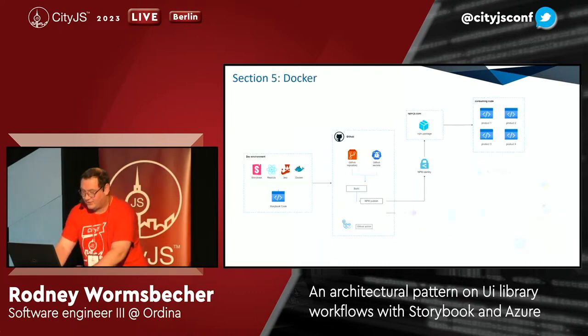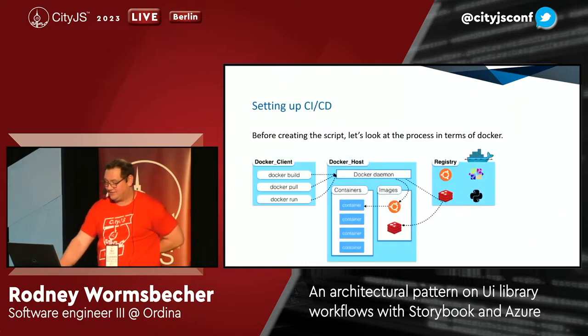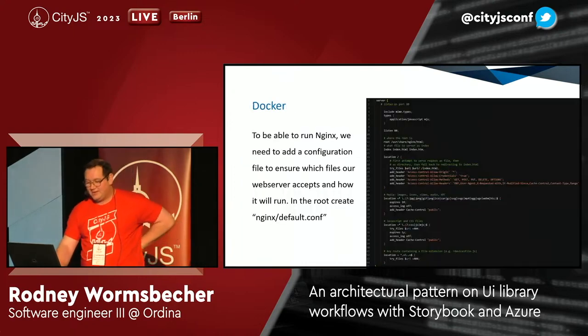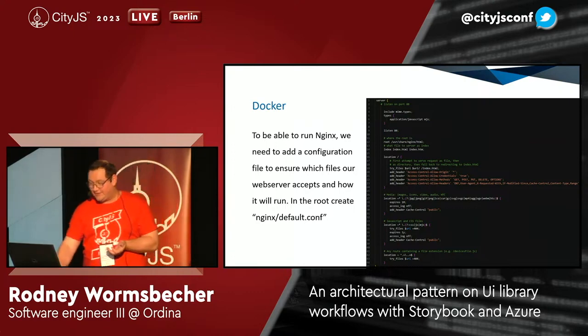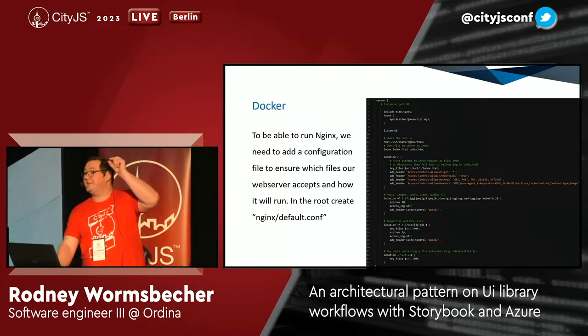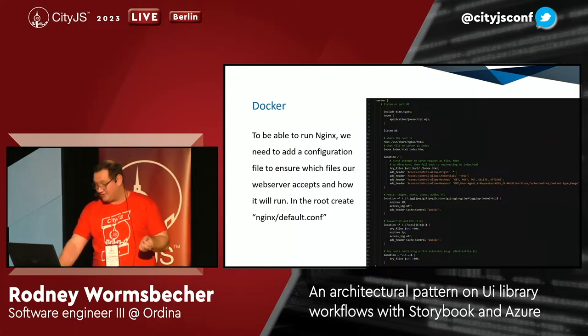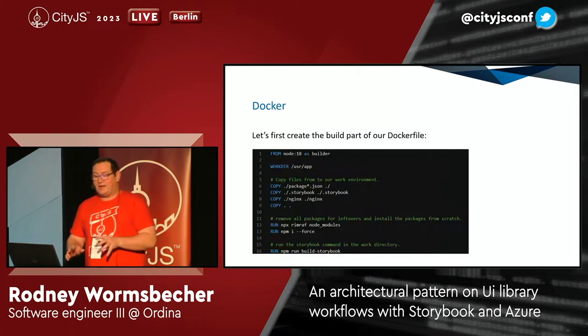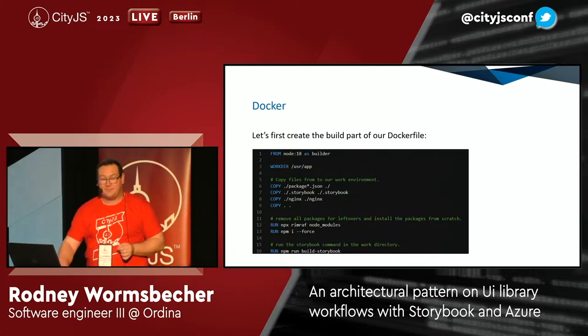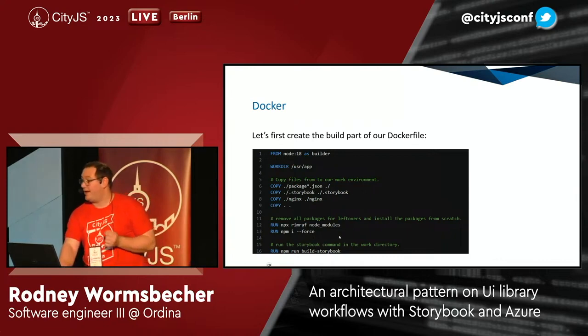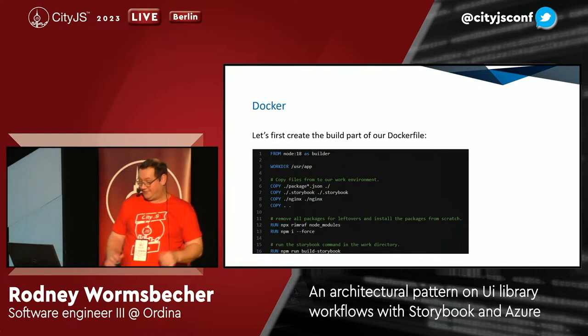So to set up Docker, we actually need to do a few things. This is how Docker works. I have to use a web server, so I'm using Nginx. I'm not going into detail for that, but the entry point is index.html, and it opens my ports on my web server. Then I will create a Dockerfile, which is the instruction set to create a container, or an image actually, and I will copy over Storybook, and I will reinstall all my packages, and make certain that nothing is left.